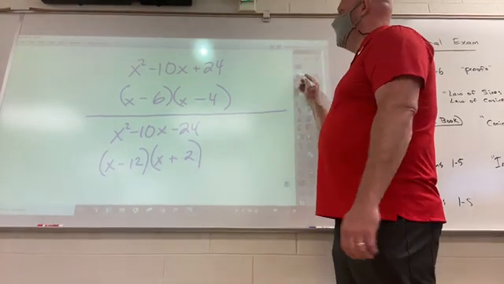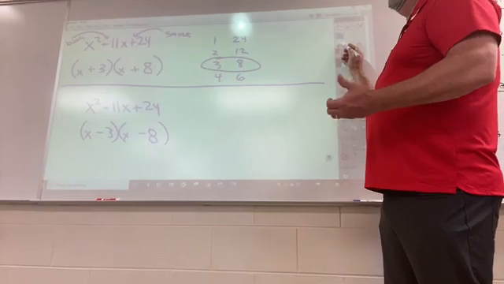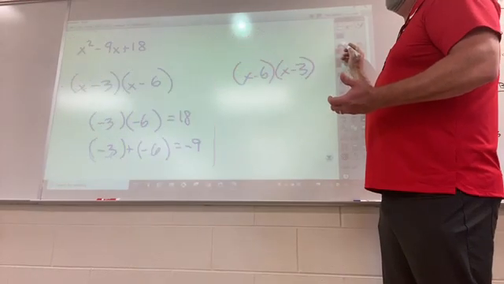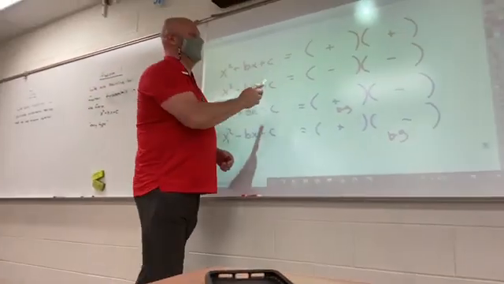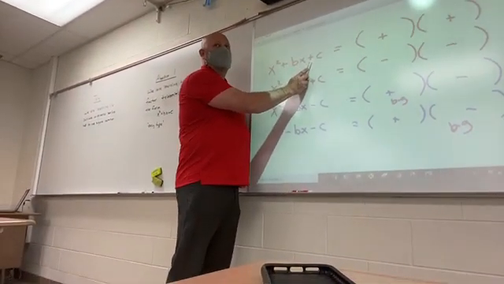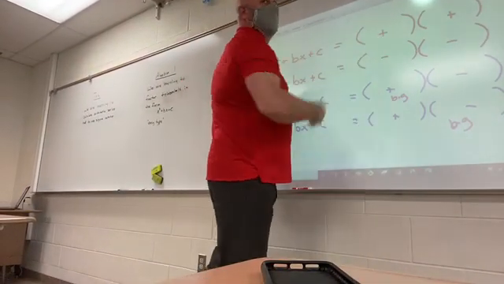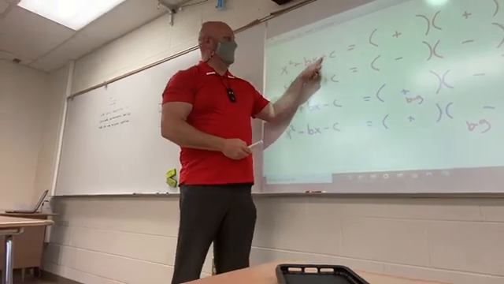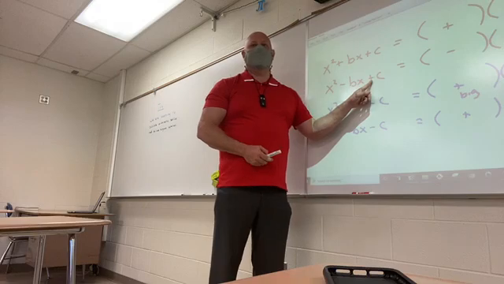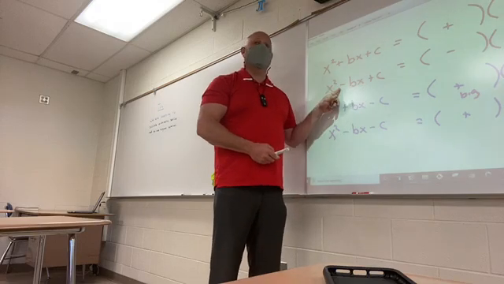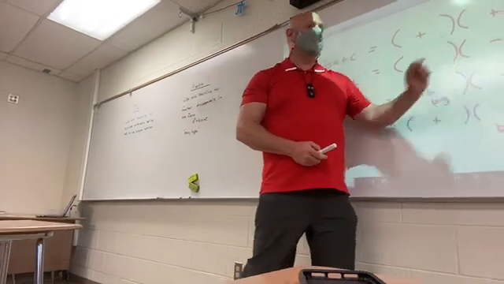So when you do these, you have to understand your signs. If you have two positives, you'll always have two positives. This sign tells me they're the same, they're both positive. This sign tells me they're the same, now they're both negatives.